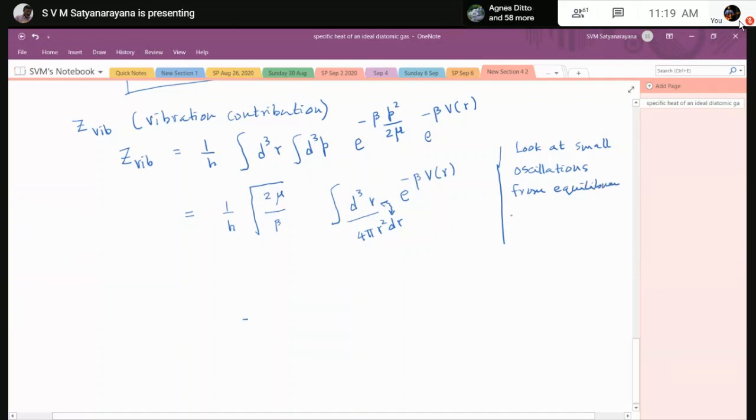That means I can say my r is equal to some r naught plus some eta, where this eta can be very, very small.